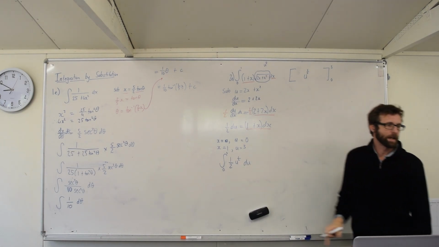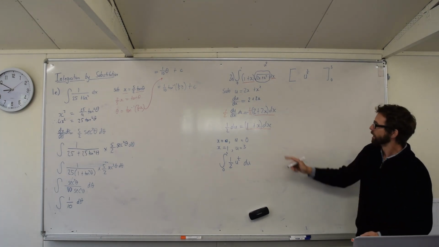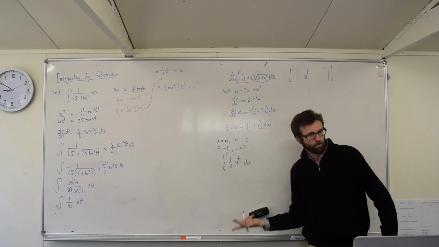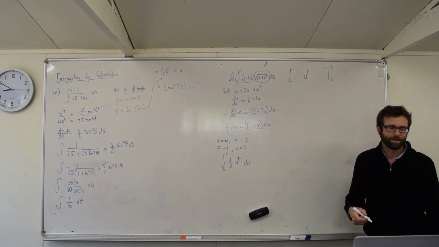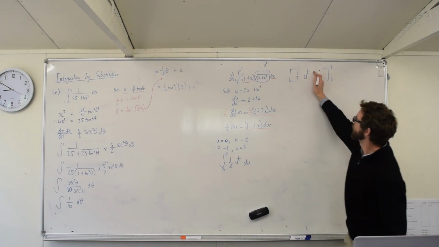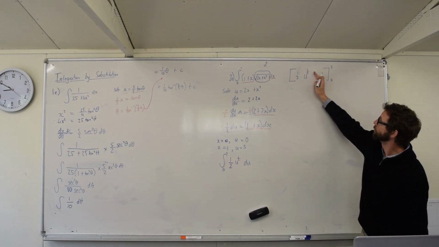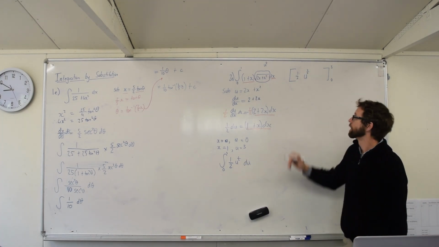What does this become? Anyone? 1/3. So let's check that. If we times this by 3 over 2, what do we get? We get 3 over 6. Is that 1/2? Yes. Okay.